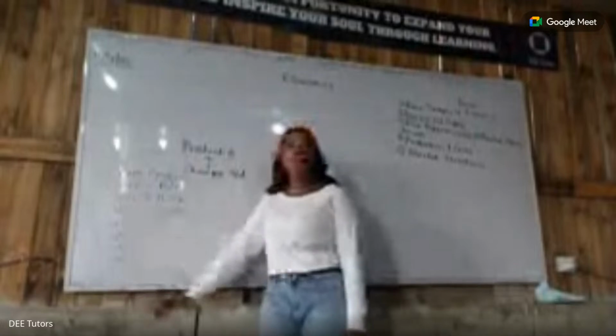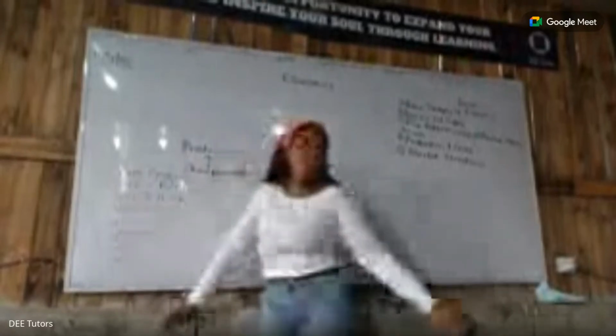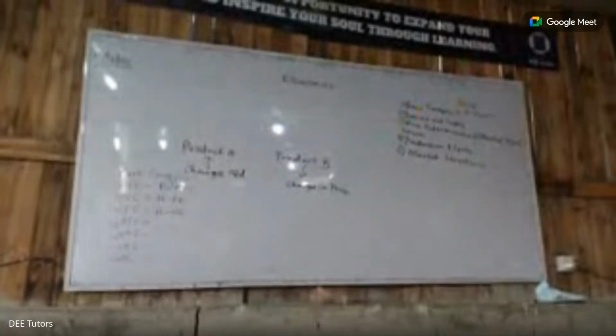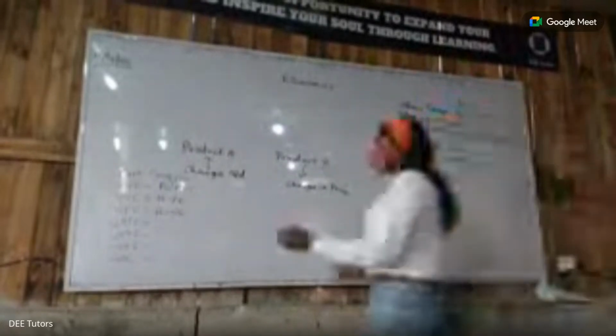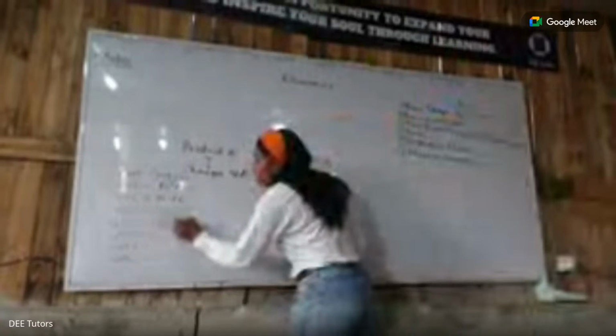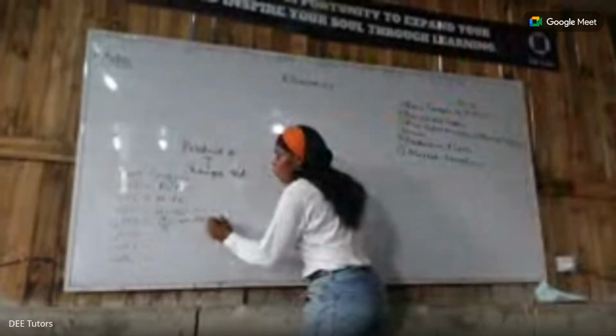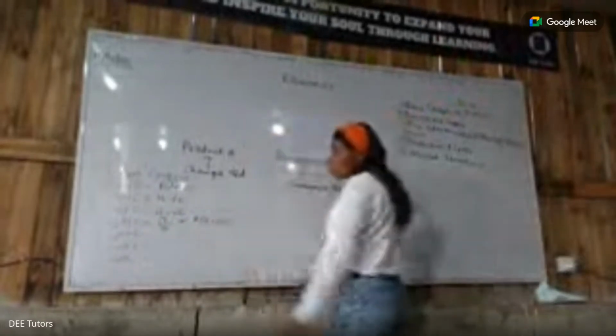Then average total cost is what? Who can give me the formula? Total cost divided by quantity, or average fixed cost plus average variable cost. All right.